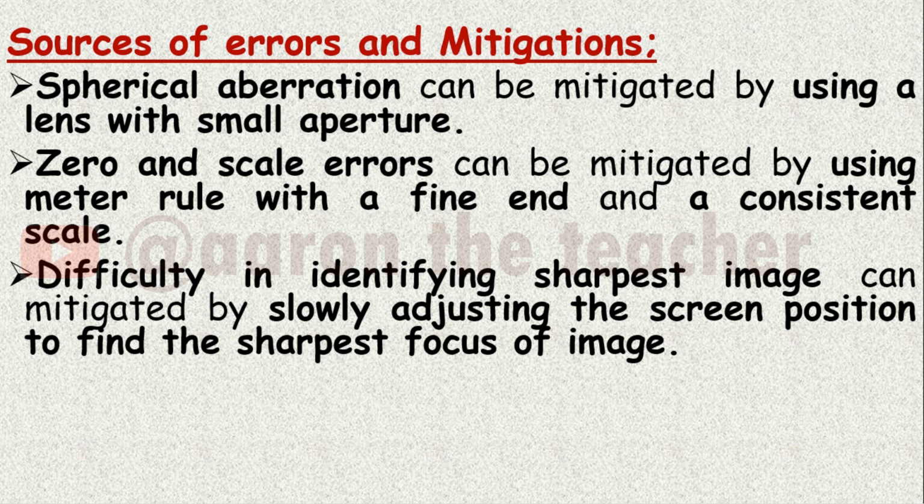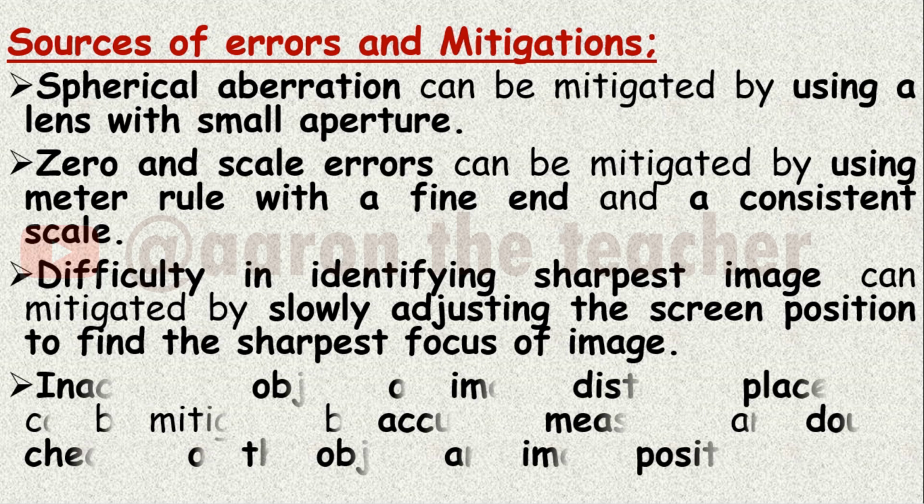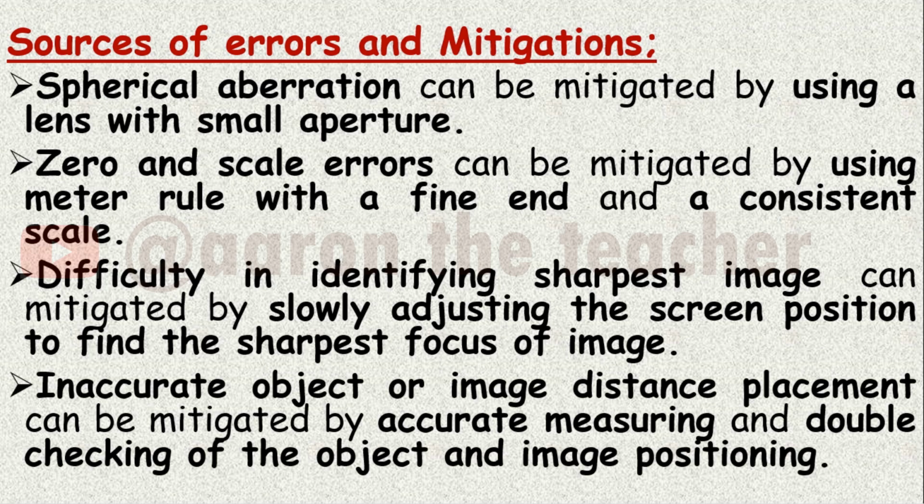Another error is inaccurate object or image distance placement, which can be mitigated by accurately measuring and double checking the object and image positioning. When you place your object, which is a source of light, the bulb, double check again. Don't assume with the first placement.